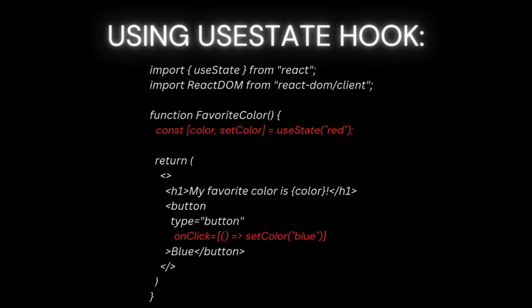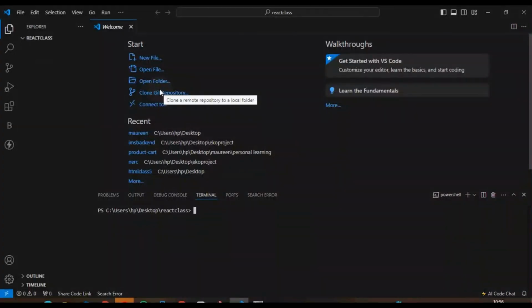So let's go to our code and get our hands dirty using useState, right? We'll be starting first with the React useState hook. First we want to create a new React project. To do that, I'm going to use npx. You run npx create-react-app, and then the name of the app, which I want to call hooks.